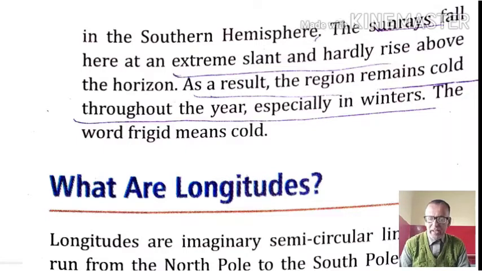So extent wise, we see that frigid zone lies between 66.5 degree to 90 degree in both the hemispheres. And here in this region, there is extreme cold, especially in winters.